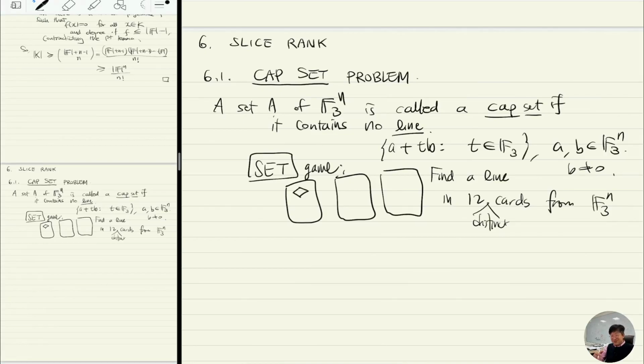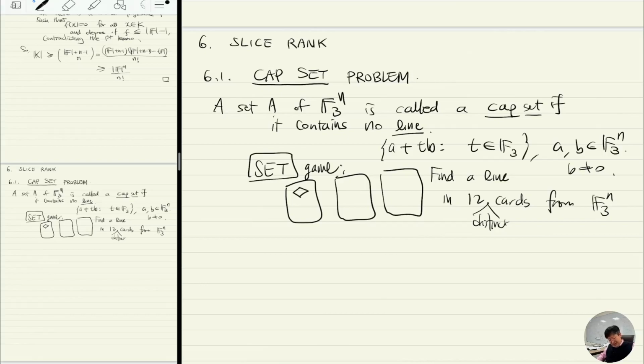Two players or many players watch the same set of 12 cards, and they each try to find the line. Once you find the line, you remove these 3 cards, fill in with another 3 cards onto the table, and then continue.